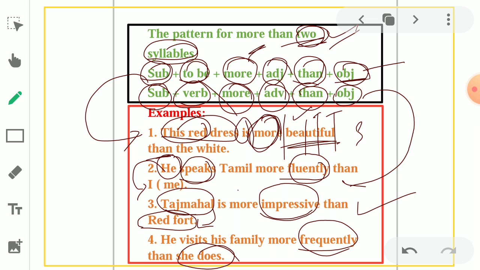Got it? So he visits, the main verb is used. Similarly, an adverb is used, accompanied with the main verb. Why? Because an adverb is a word which describes or modifies either an adjective or a verb or another adverb. Okay, so that is what an adverb is.